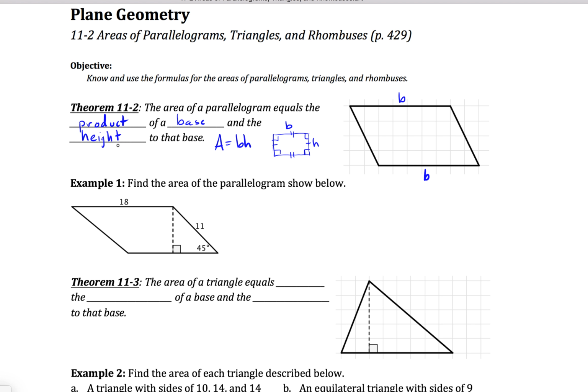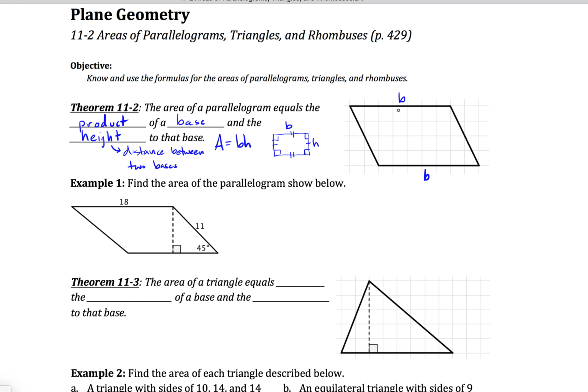The height, remember, can be thought of as the distance between two bases. So if we were measuring how far apart this base is from this base, we're not going to measure along this segment that's one of the sides of the parallelogram.